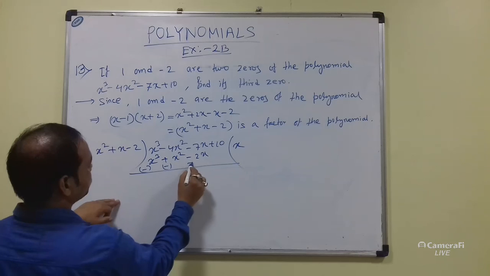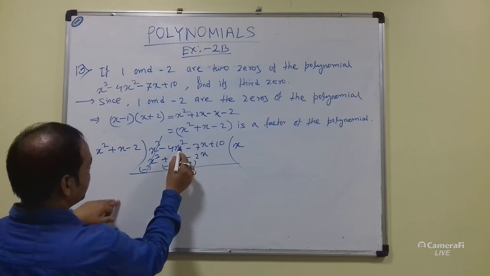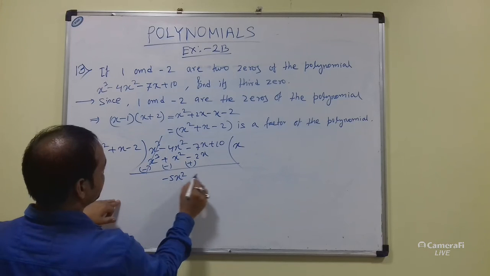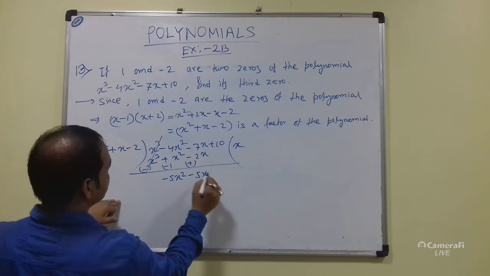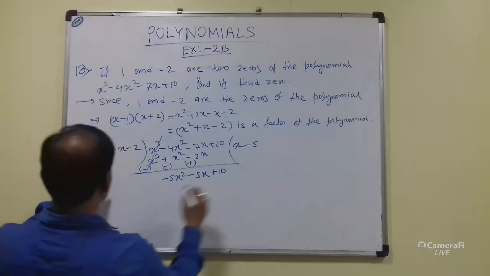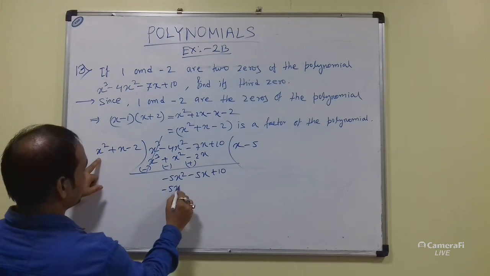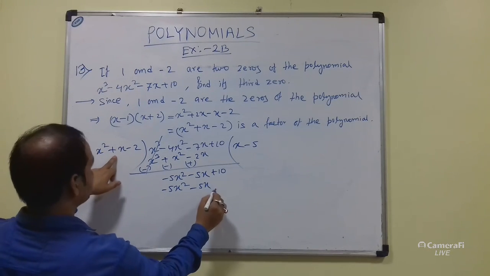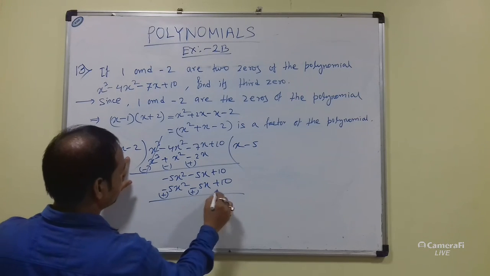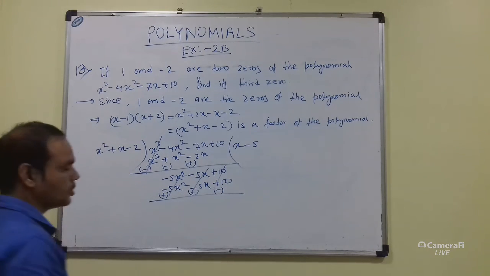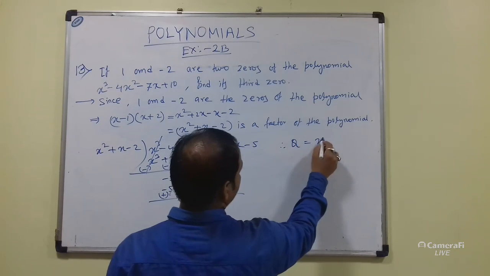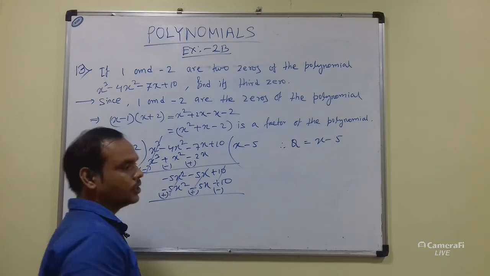Now subtract it: minus 4x and minus x square is minus 5x square, and minus 5x, and 10. Now if we take minus 5, then it will be minus 5x square minus 5x plus 10. So the quotient is x minus 5.